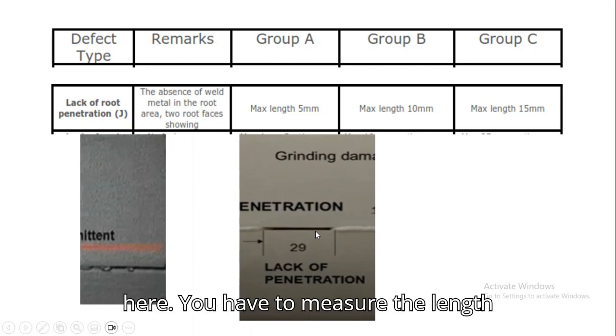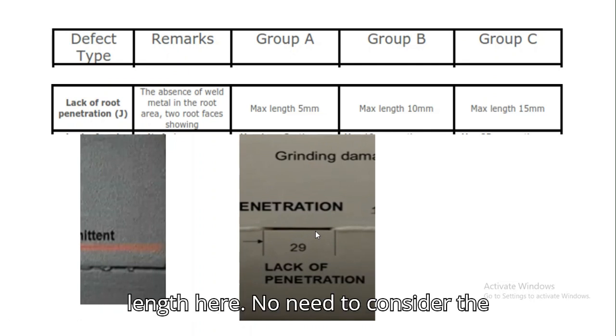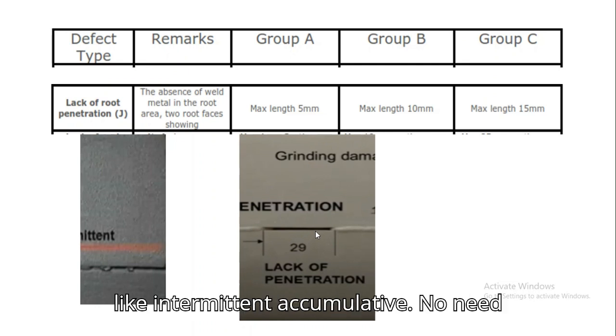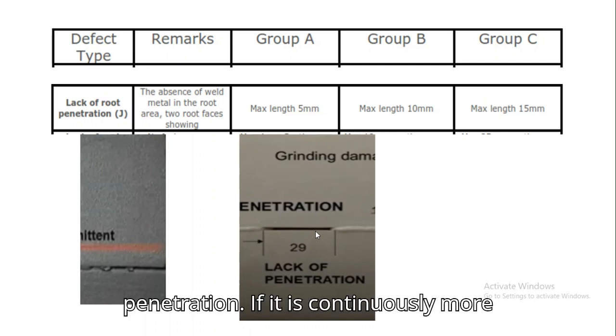Here you have to measure the length. Here they have mentioned the maximum length. No need to consider intermittent or accumulative, no need to add up the total length of the lack of root penetration.